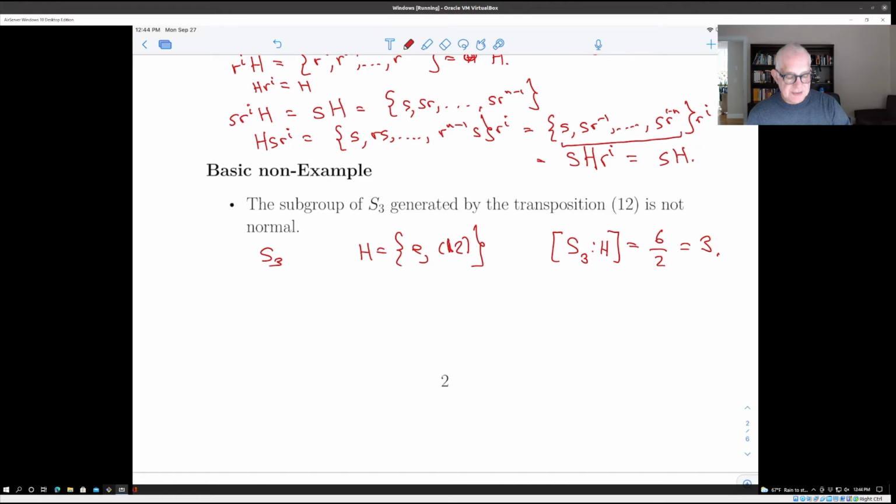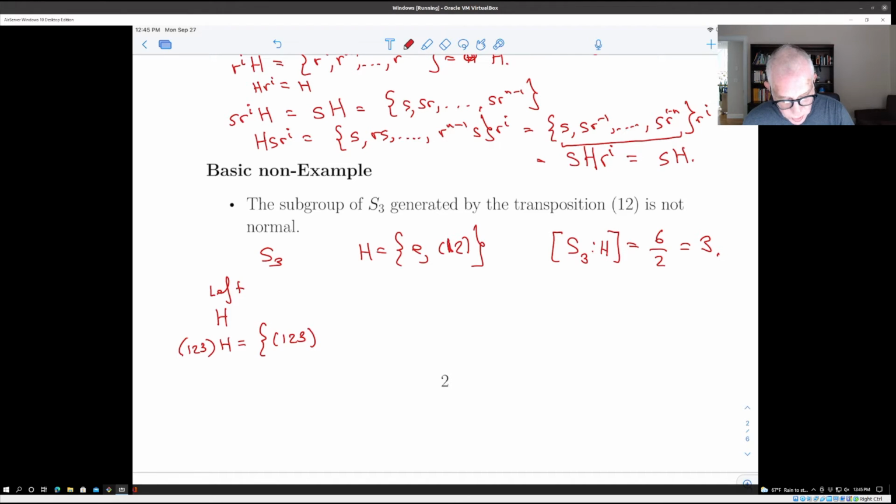So there are 3 left cosets and 3 right cosets. What are the 3 left cosets? Let's do the left ones here. We have H, and then we have the rotation (1 2 3) times H, which consists of (1 2 3) and then (1 2 3) times (1 2).